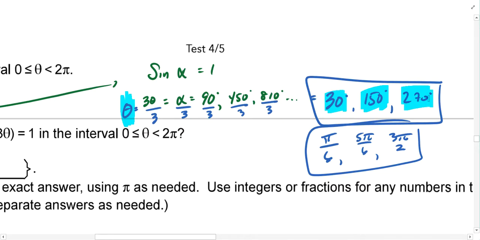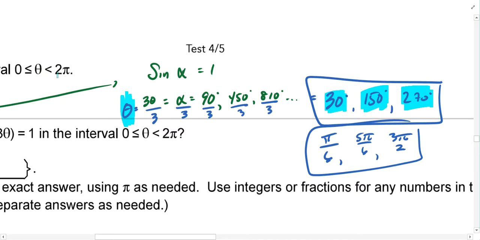Those 3 answers all exist within a unit circle, and so all 3 of these answers must be provided. If we were to add 360 one more time, we would obtain an angle measure that when divided by 3 would not exist inside of an initial unit circle. So I know that these 3 are going to be the solutions.